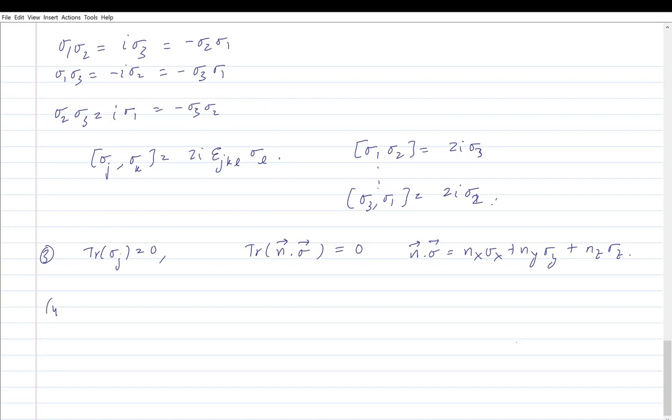Well, they are orthogonal, so remember the trace inner product we can define. This is the orthogonality relation.